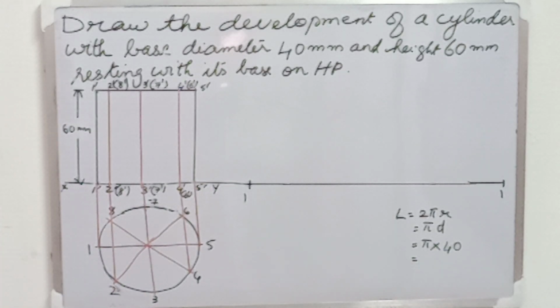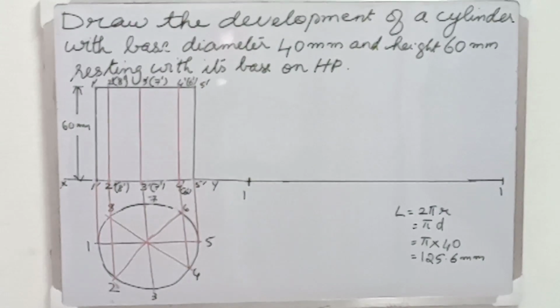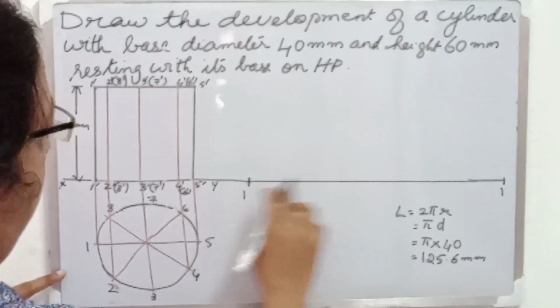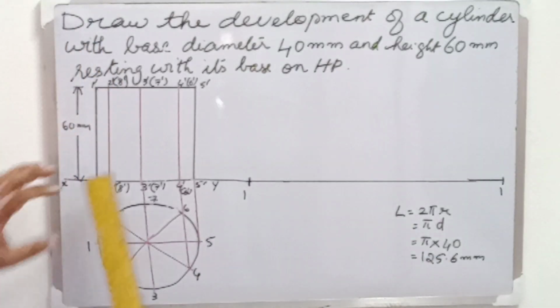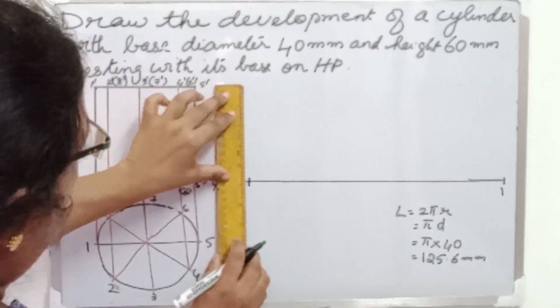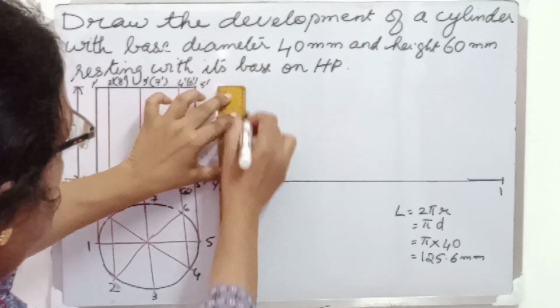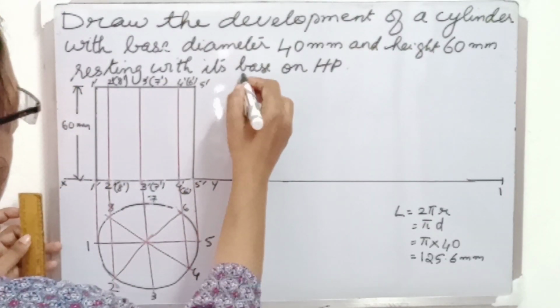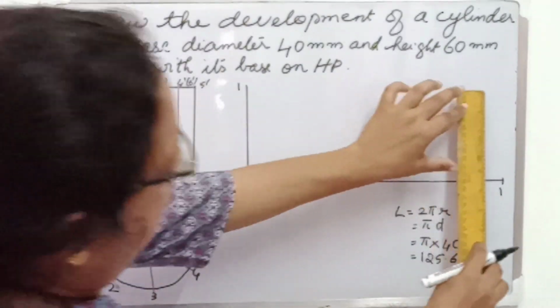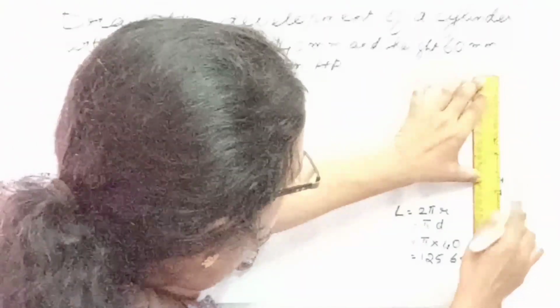And if you calculate it, you will get the value 125.6 millimeter. That is the length of this line 1, 1. Now let us draw all the generators. Before that, let me draw the generator 1, 1 and also the other generator 1, 1 at the other end.